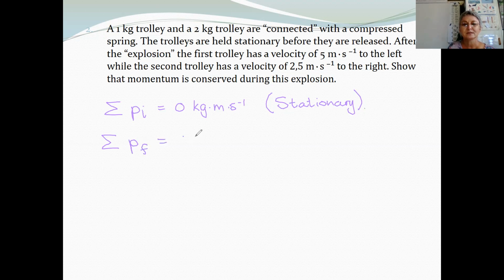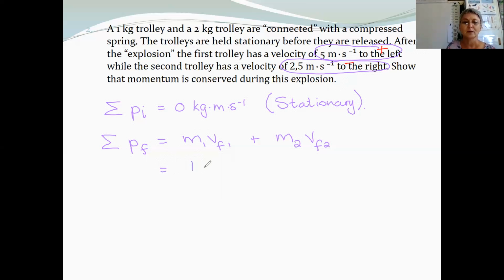So it's the mass of 1 times the final velocity of 1 plus the mass of 2 times the final velocity of 2. In this case, one object after the explosion moves to the left and the other one will move to the right. You need to choose your positive direction. I'm going to choose to the left as the positive direction and to the right as my negative direction.